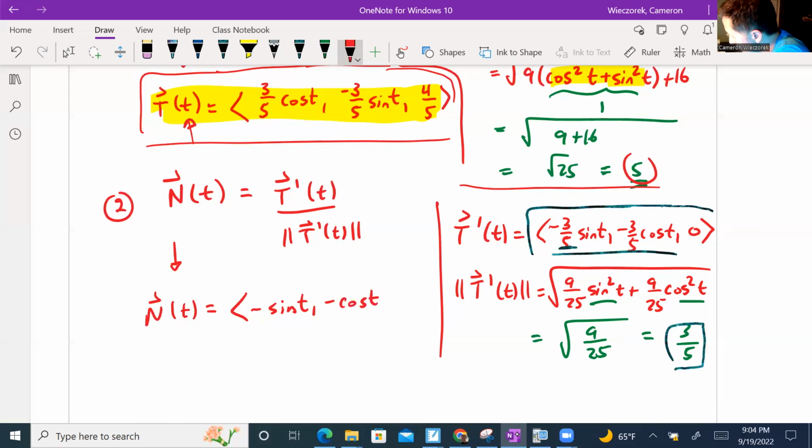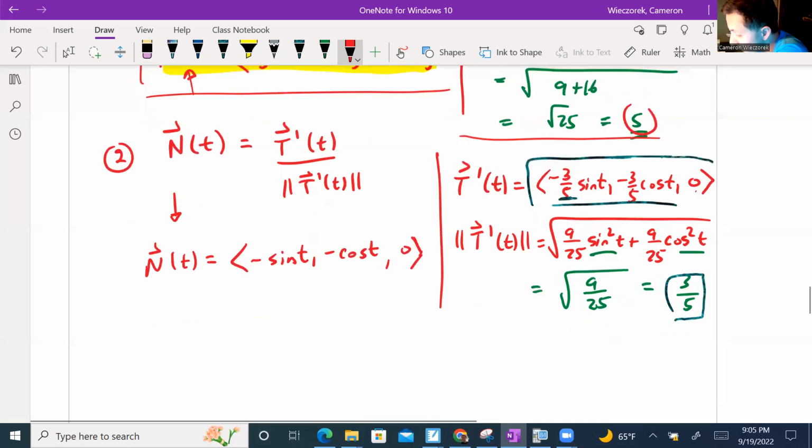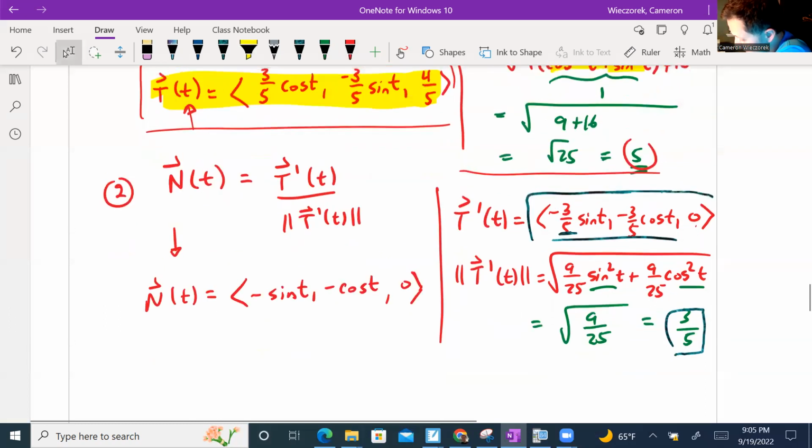And then last but not least, 0 divided by 3/5 is going to stay 0. Okay, so it looks like the unit normal vector is actually absent of any z components. It looks like it's completely determined by the x component and the y component of that vector. So it looks like a circular projection in the xy plane.